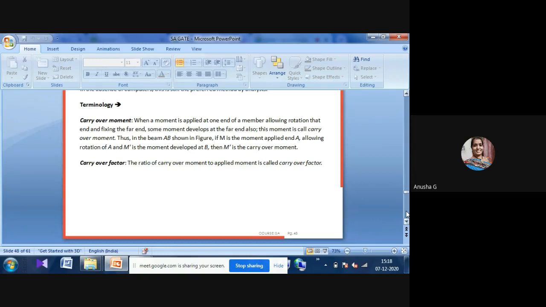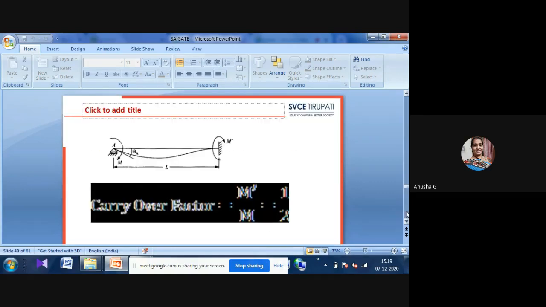The carryover factor is nothing but the ratio of the carryover moment to the applied moment. Okay, carryover factor, all of you observe this diagram. Here the moment is considered as M. Automatically in the other direction it will be considered as M dash. M dash is nothing but half of the moment considered on the far end.